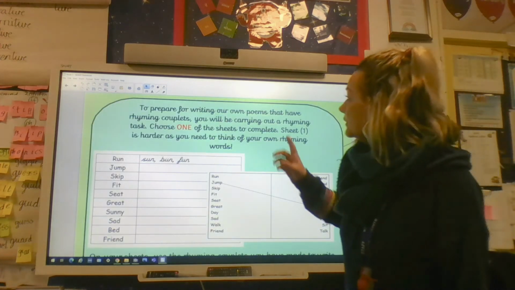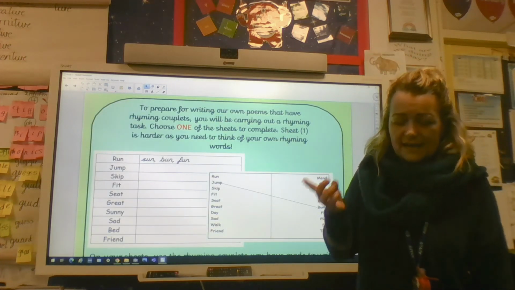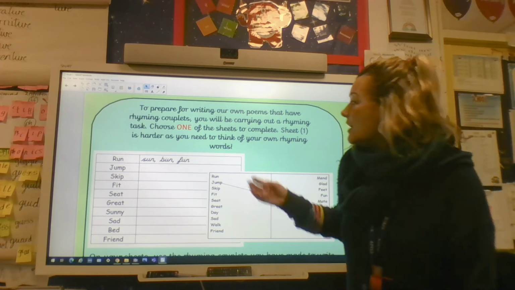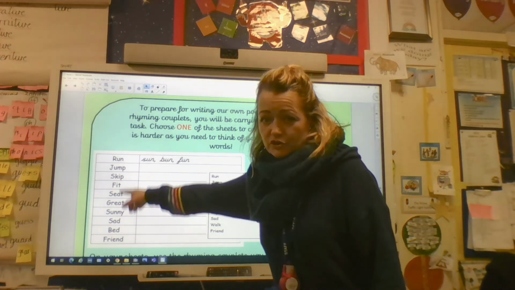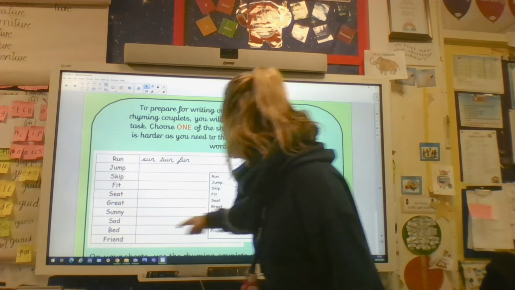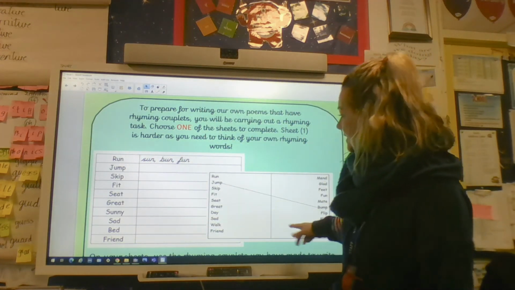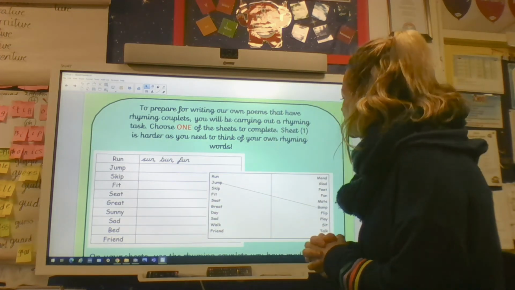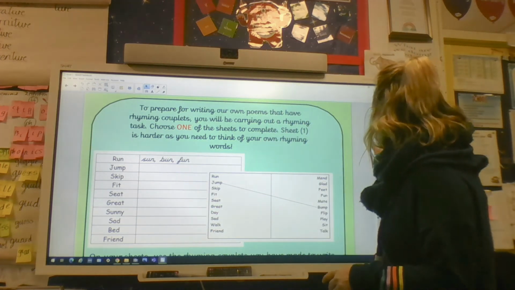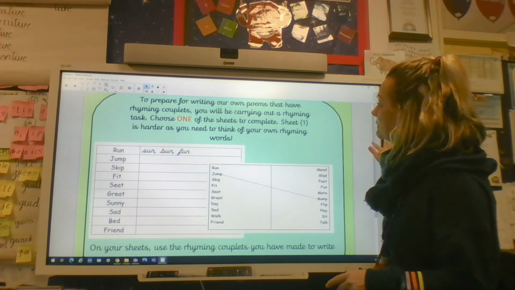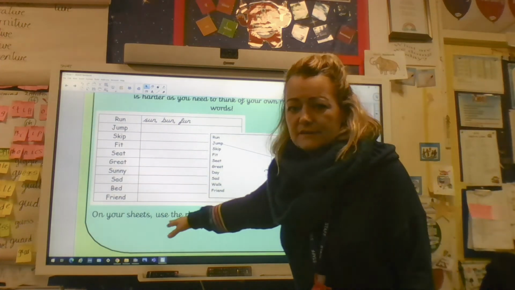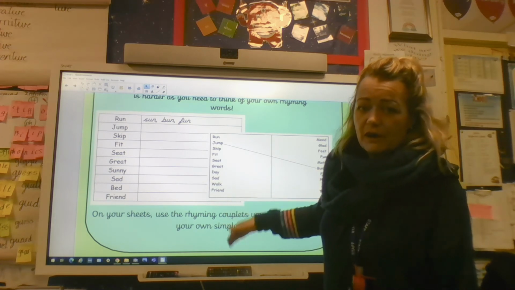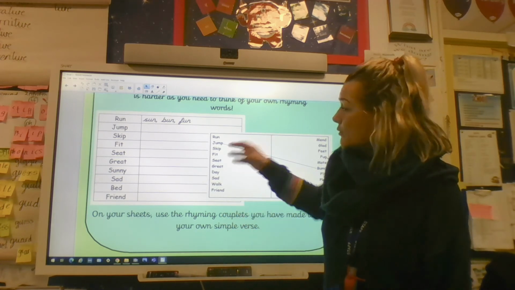Before you move on, your task today is to just come up with rhyming words, and then when you've done that, at the bottom of the page you'll see you have a choice of this sheet here or this sheet here. At the bottom of both of those sheets, it's on the website, you will see there are some lines there for you to have a go at doing some of your own rhyming couplets to write your own verse to do with sport.